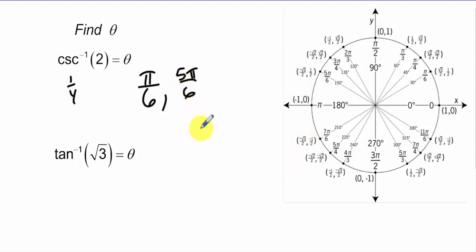And in theory, anytime I add 2 pi to one of those, I also have theta values that are equivalent. So if they're just asking me to find theta, I've got infinitely many answers.